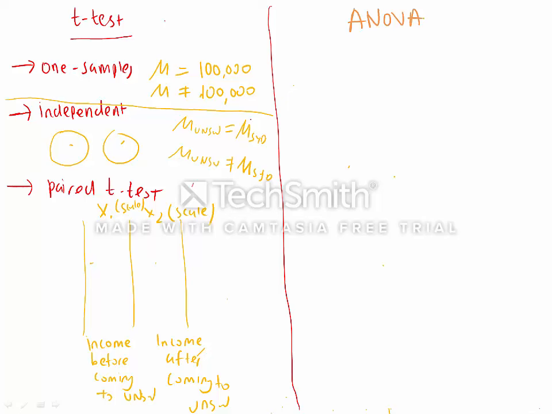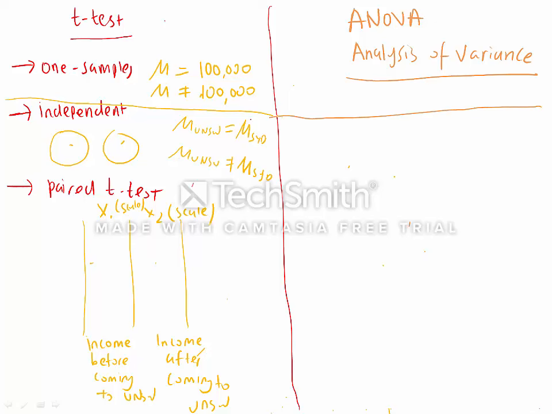ANOVA stands for analysis of variance. Now you might ask, how about if I have more than two groups?